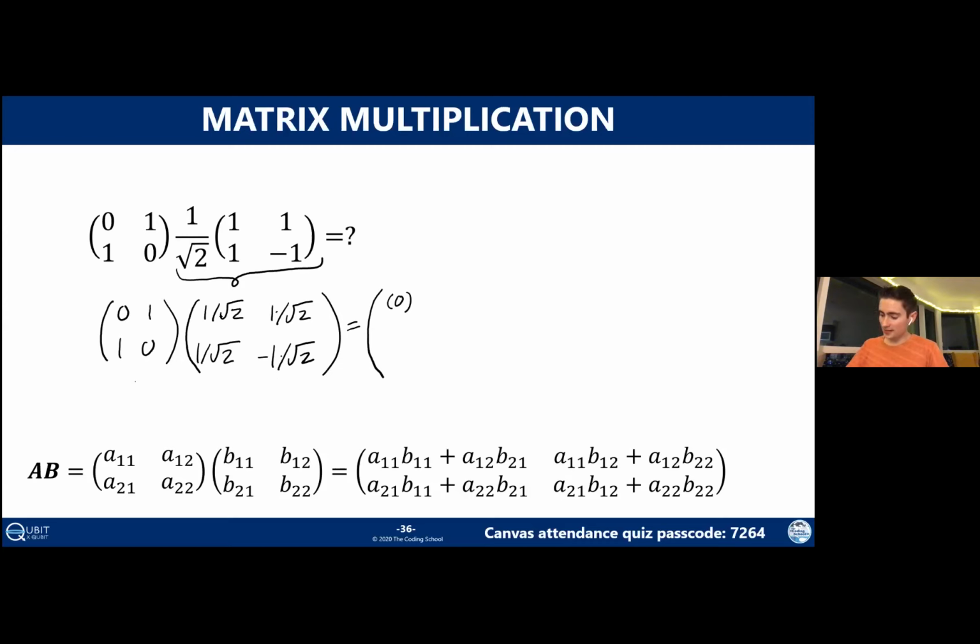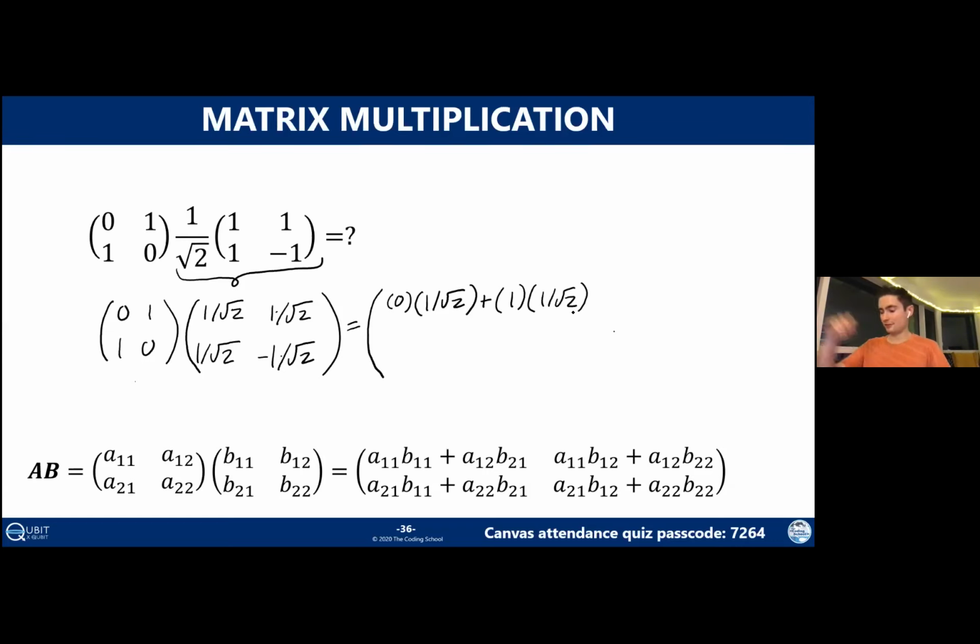B11 is the top left of my second matrix, that's 1 over root 2, plus A12 is the top right of my first matrix, 1. B21 is the bottom left of my second matrix, 1 over root 2. So far, so good. So that's the top left of our answer.